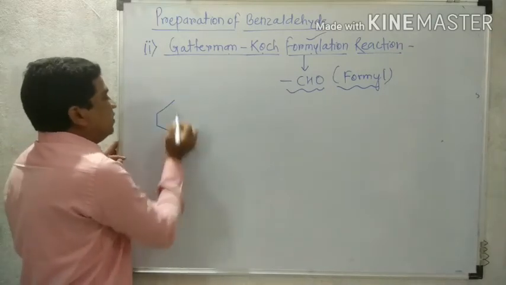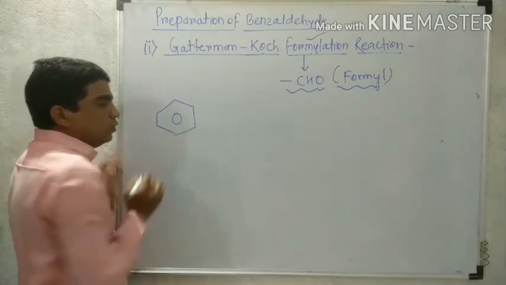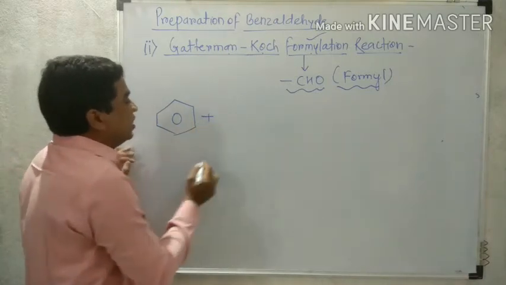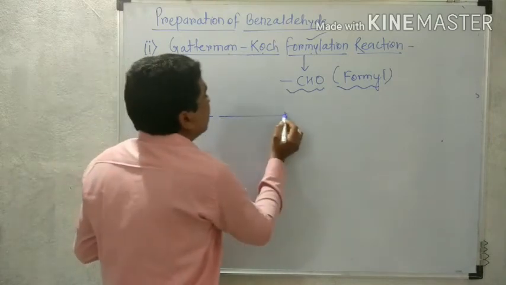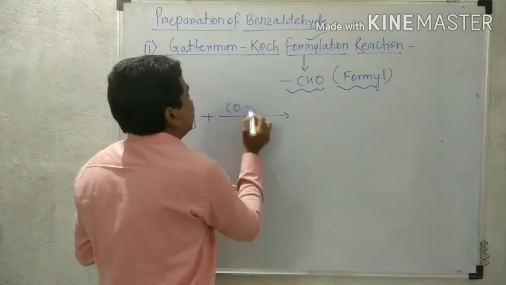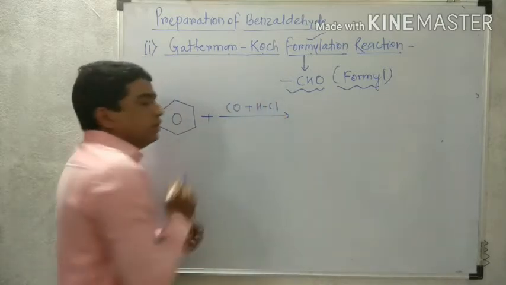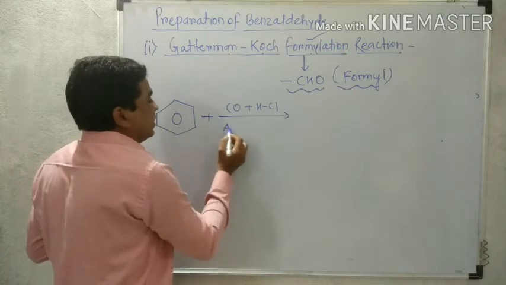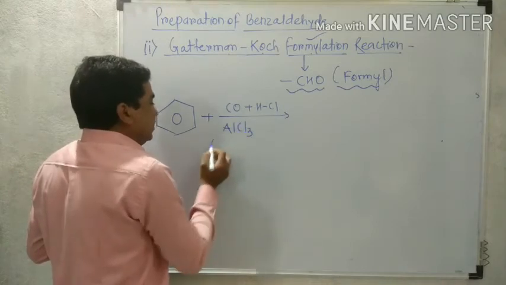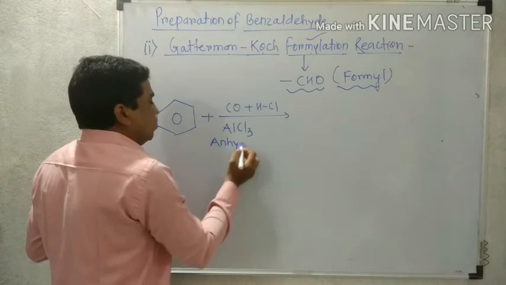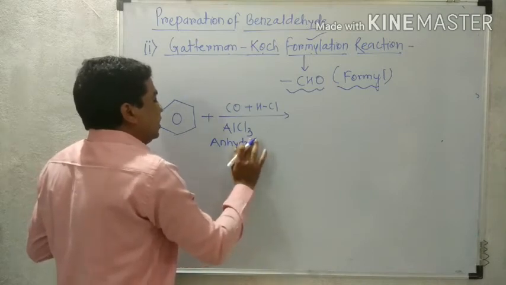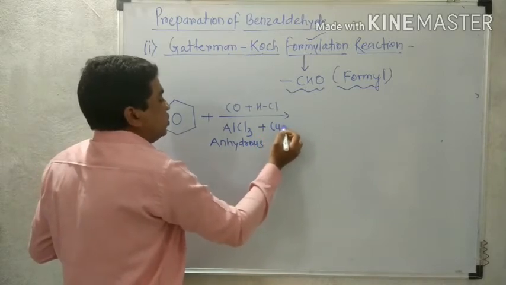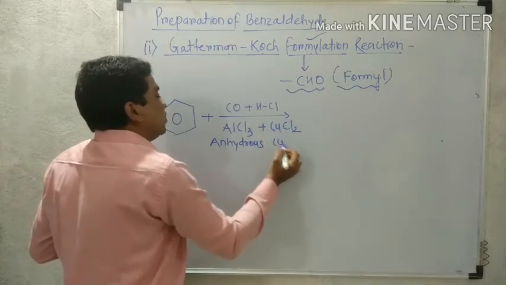When benzene or its derivative undergoes reaction with carbon monoxide and HCl in the presence of catalyst anhydrous AlCl3 plus CuCl, that is cuprous chloride.